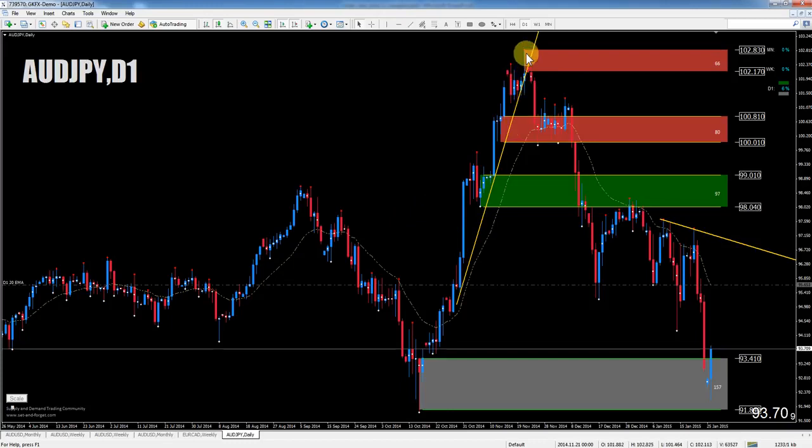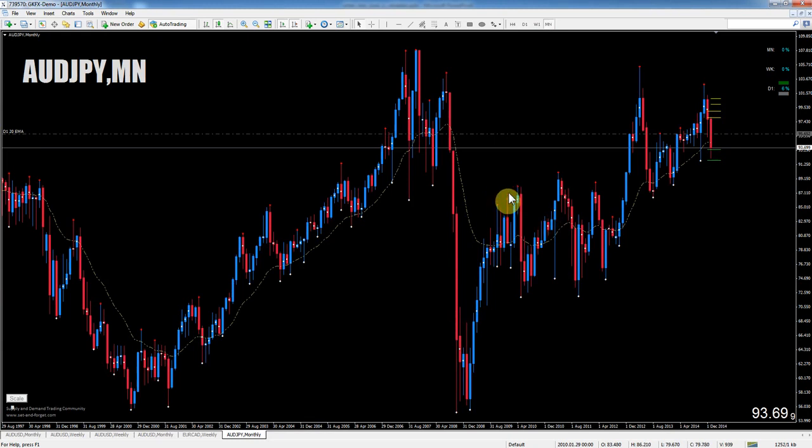Now let's see why did price, it doesn't always happen like that, but most likely, why did price react to that area? If we are using the monthly, weekly, and daily time frame combination for our position type of trade, sequence and realignment, then we will switch to the monthly and see what do we have here.